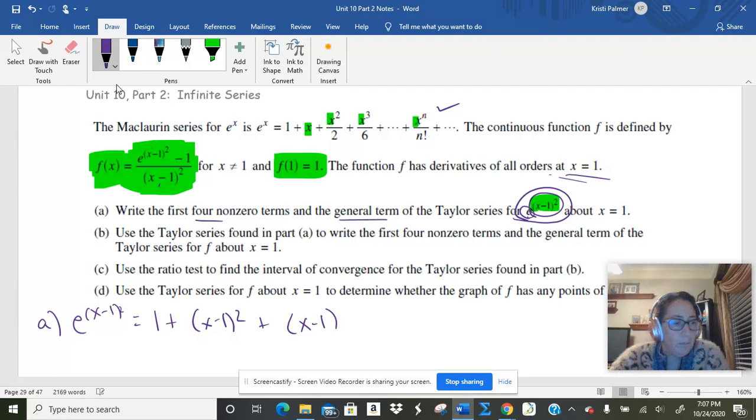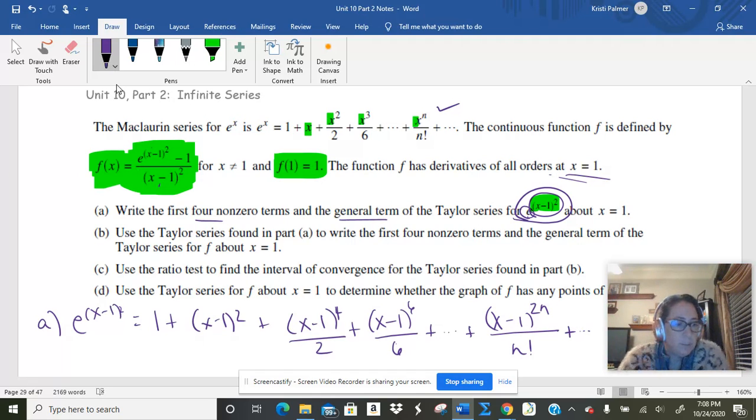So squared and squared would be now to the 4th. And then squared and to the 3rd would be to the 6th. And then squared and 2n, and the n would be 2n. There we go. So there's the first 4 non-zero terms and the general term.